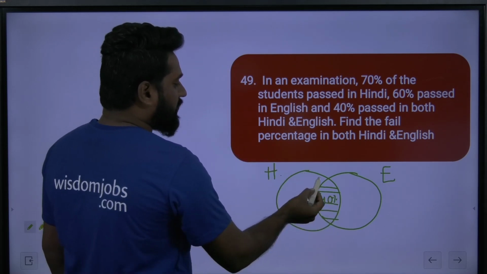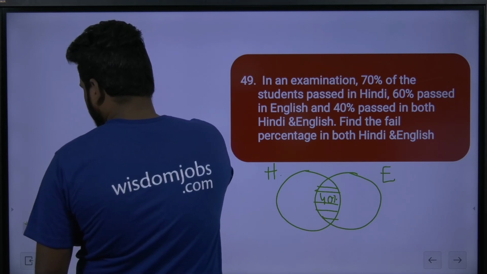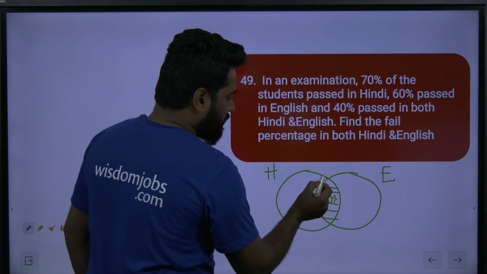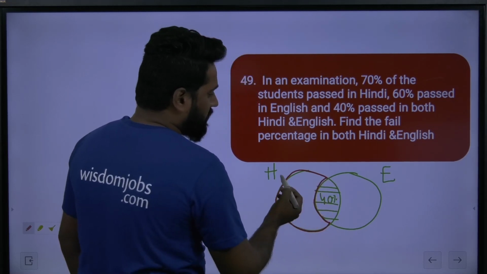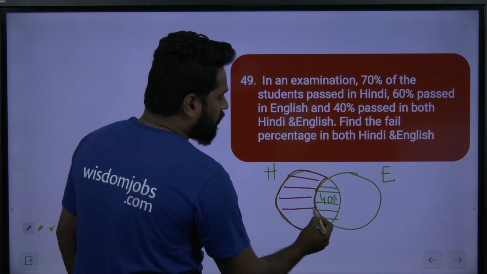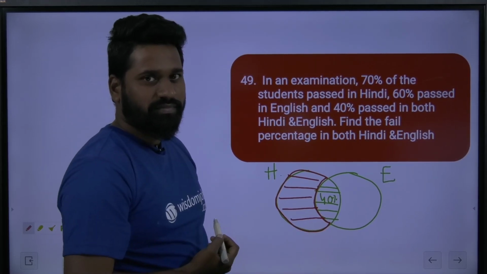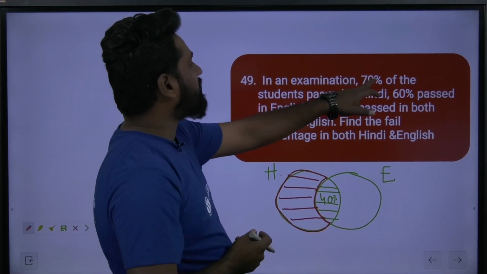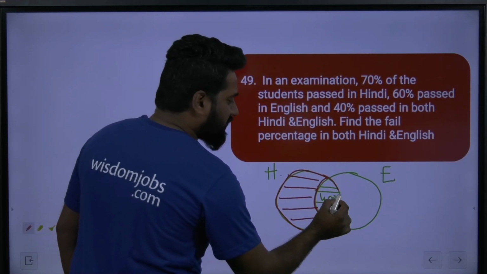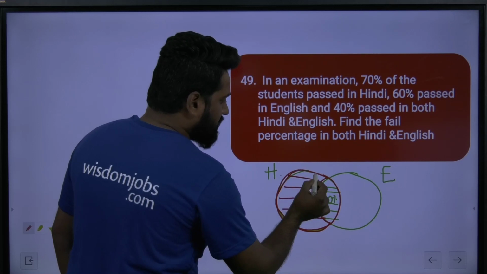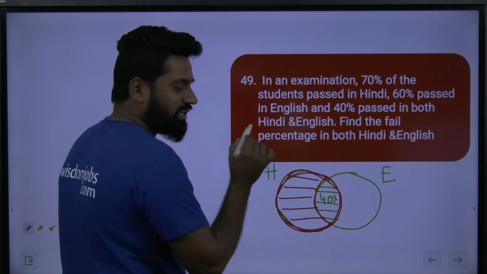And coming to this one, if we observe this portion here, this one indicates the only Hindi students. Is it clear? If you observe 70% of students passed in Hindi, total Hindi means this is the circle. This entire circle is Hindi. Is it clear?